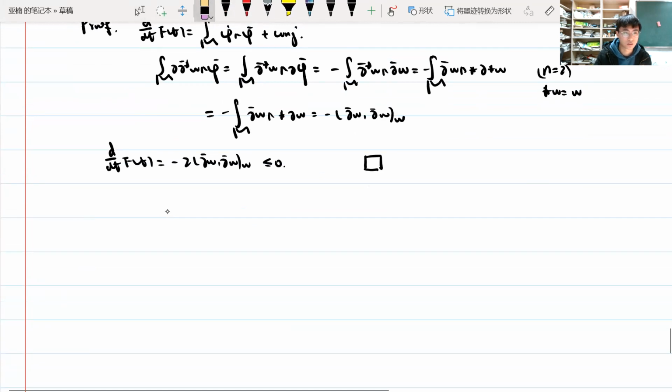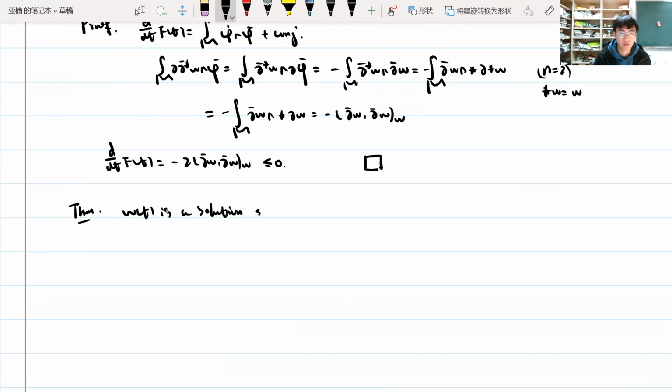This states that omega t is a solution, so that the initial condition is Hermitian symplectic.